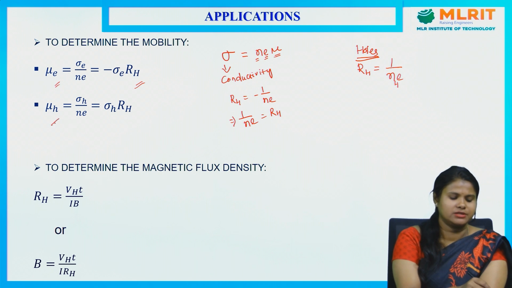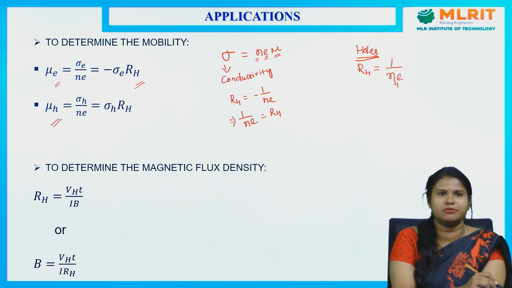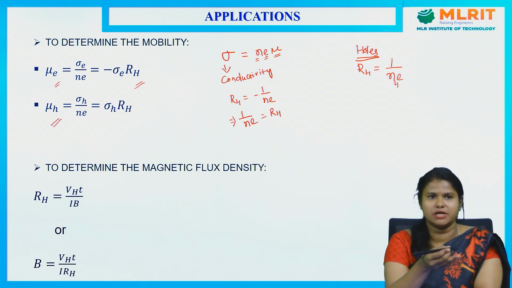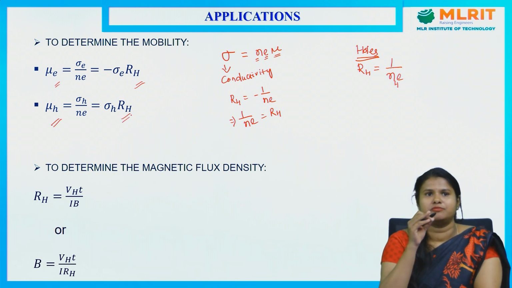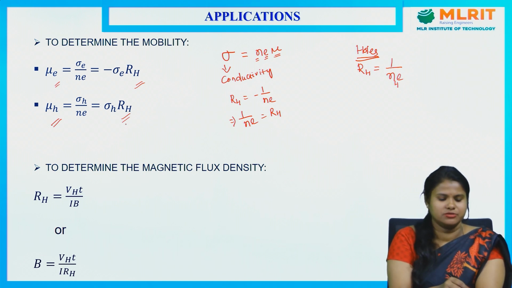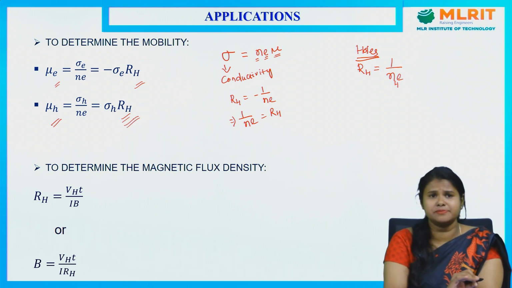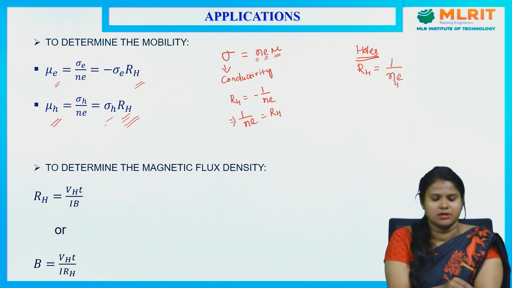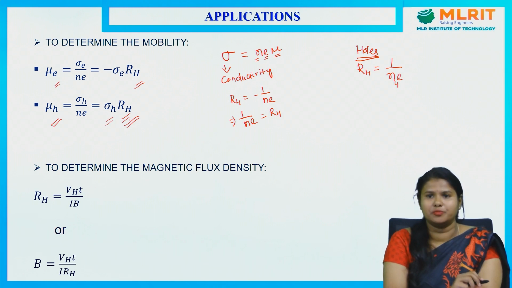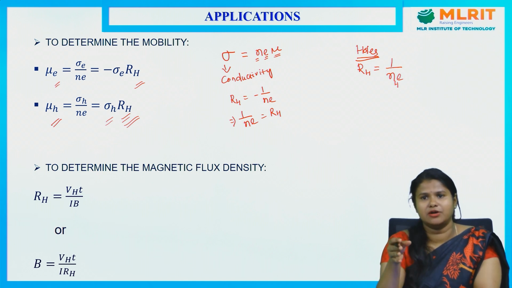So the mobility of holes will be mu H equal to sigma H by NH e, and 1 over NH e will be RH here. For electrons, 1 over Ne is minus RH; for holes, 1 over Ne is plus RH. That will be the expression of the mobility of holes in terms of the conductivity and the Hall coefficient. So if the values of the conductivity and Hall coefficient are given, then we can find the mobility.